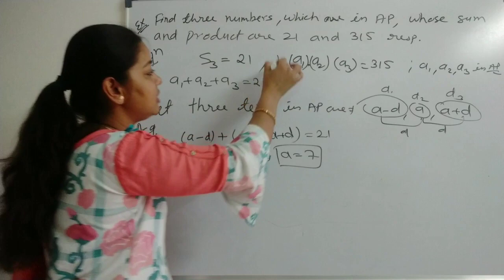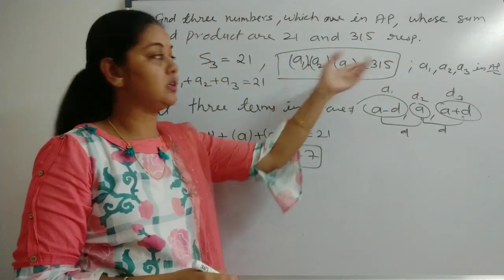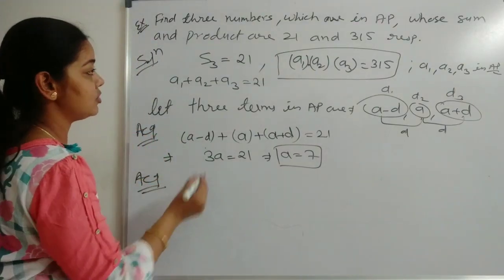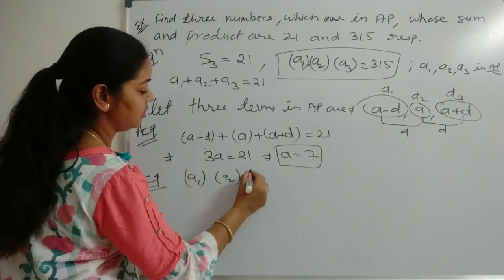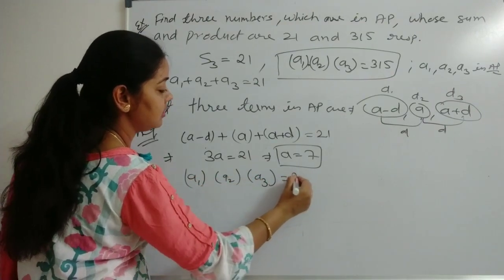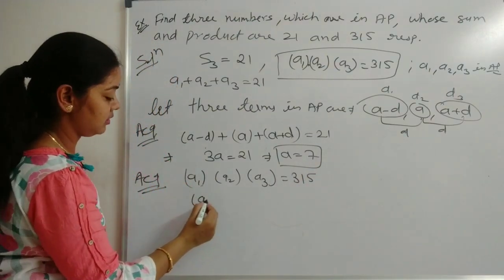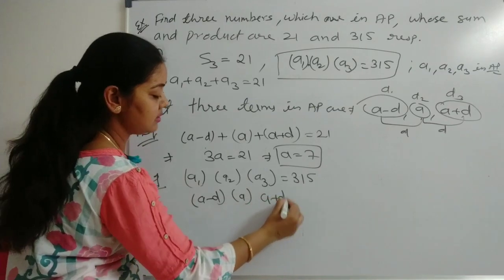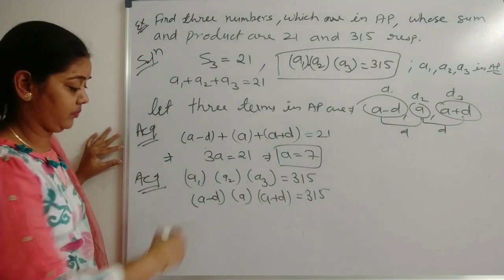Now come to the second condition that is given in the question. Multiplication of all these three terms is 315. According to the question, multiplication A1 into A2 into A3 is 315. A1 means A minus D, A2 means A, A3 means A plus D. Okay?